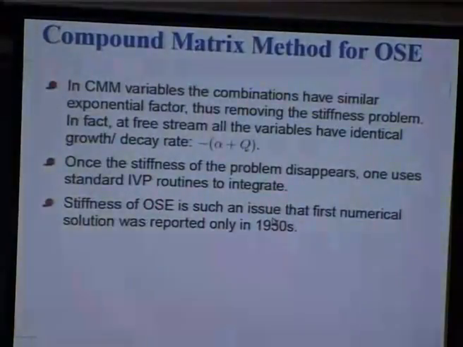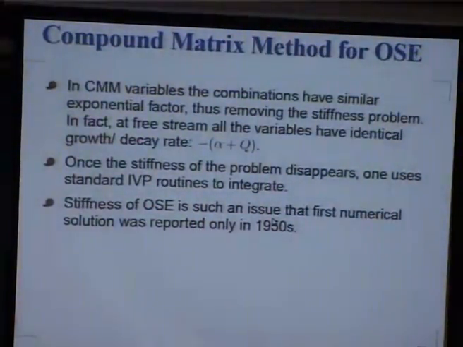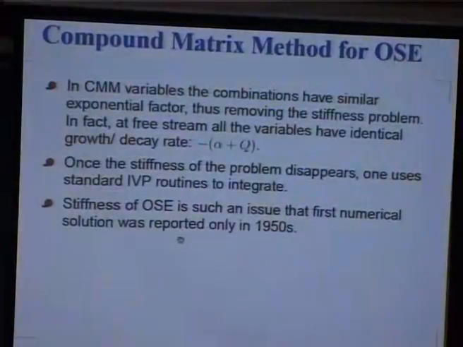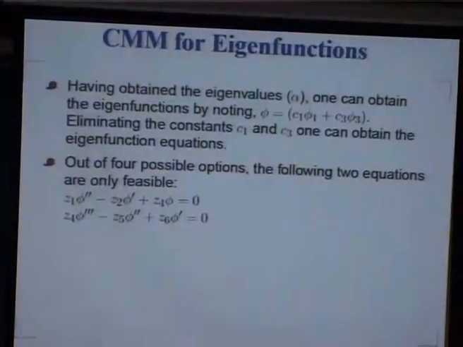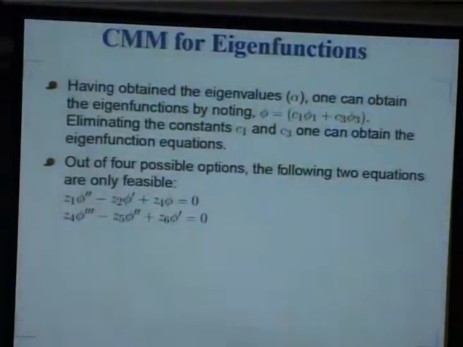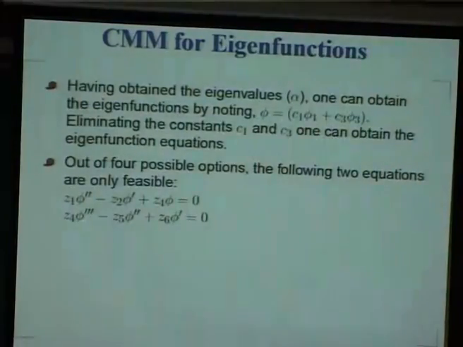And as I also told you, by some other method, people had obtained this solution for the first time in 1951. So, I suppose that leaves us with the task of figuring out what the eigenfunctions are. For example, if I have the eigenvalue alpha, I could obtain the eigenfunctions, which are nothing but the phi themselves, right, the phi itself.